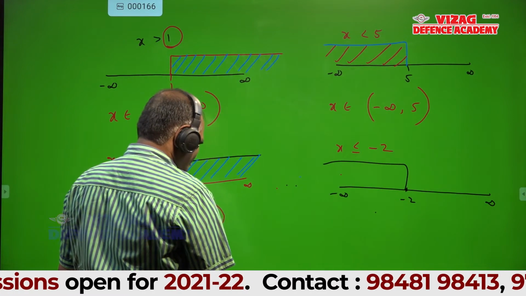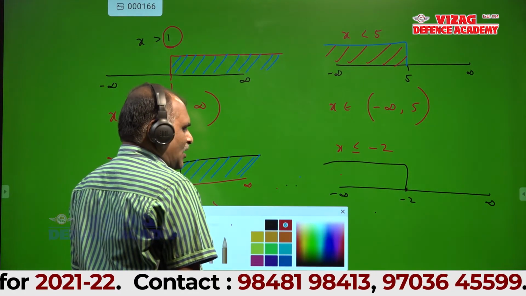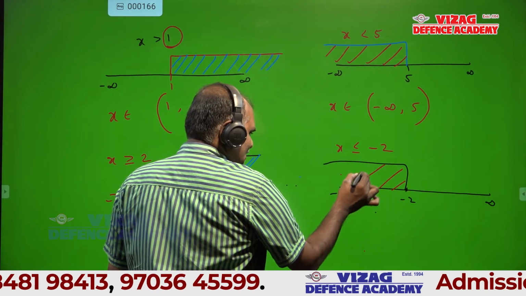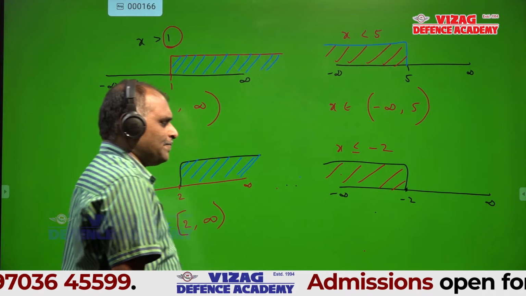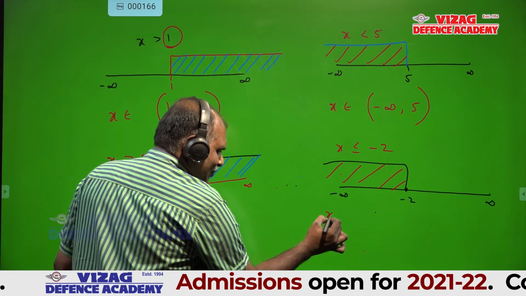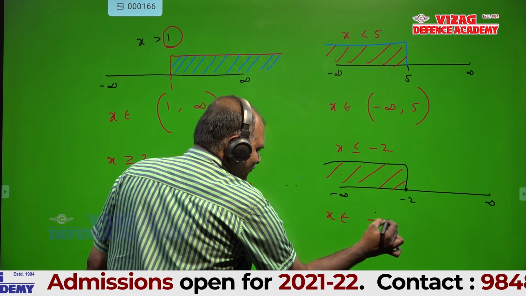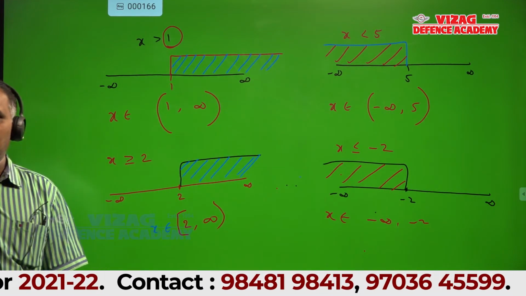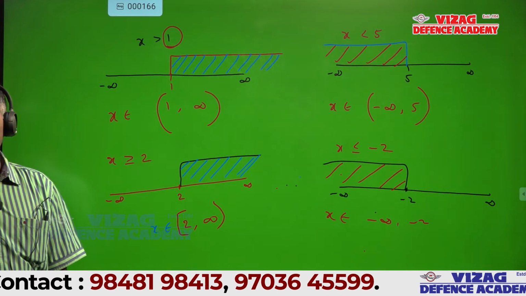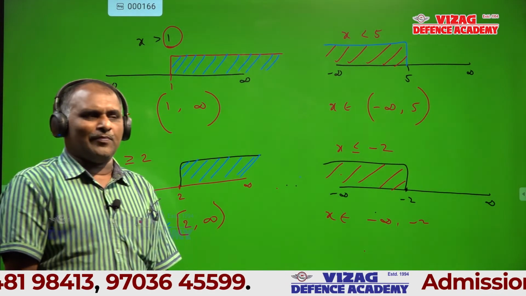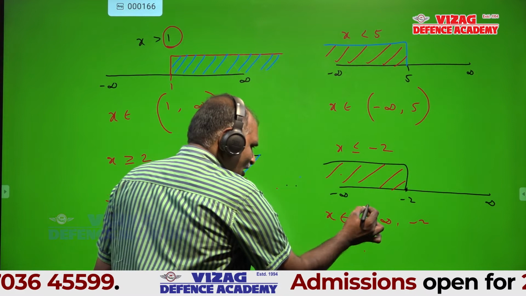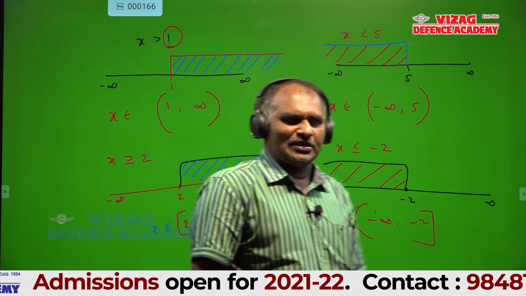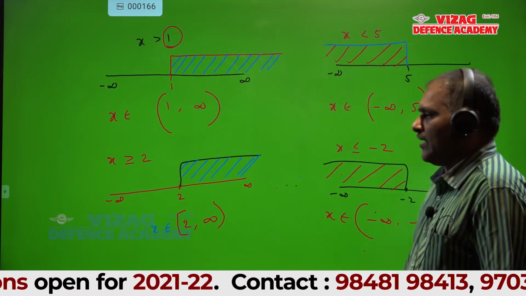This is the region. Therefore x belongs to minus infinity to minus 2. Minus infinity, open or closed? Very good. One side open, the other side a square bracket.